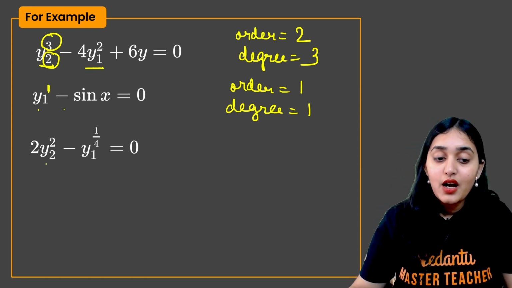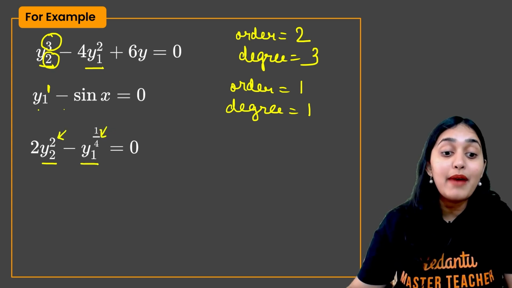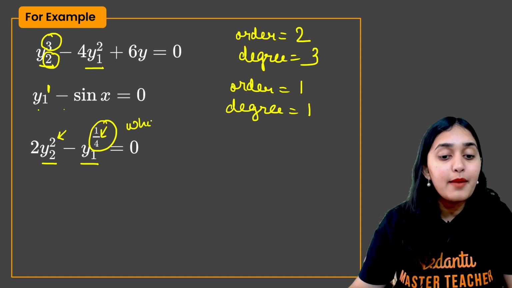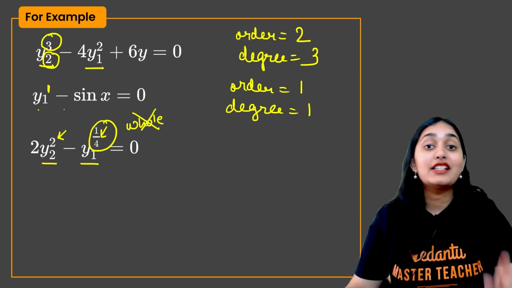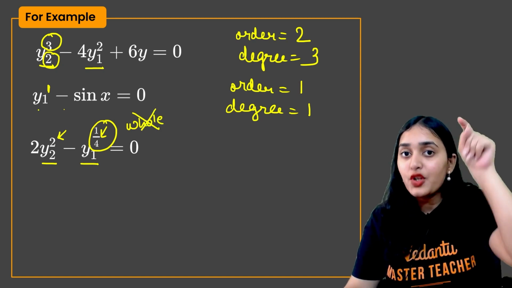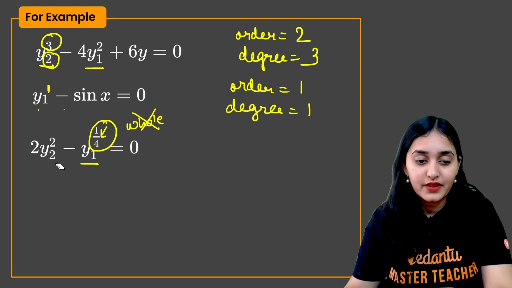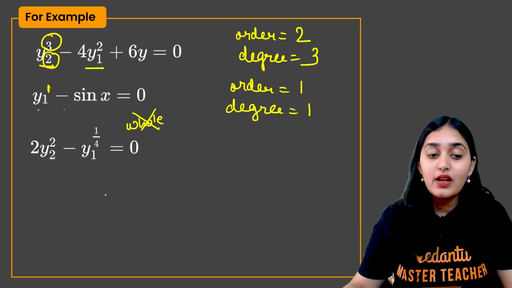Now here, y2 to the power 2 equals y1 to the power 1 by 4. Is this a whole number? No, it is a fractional number. So I have to make this a whole number. How can I make this a whole number?